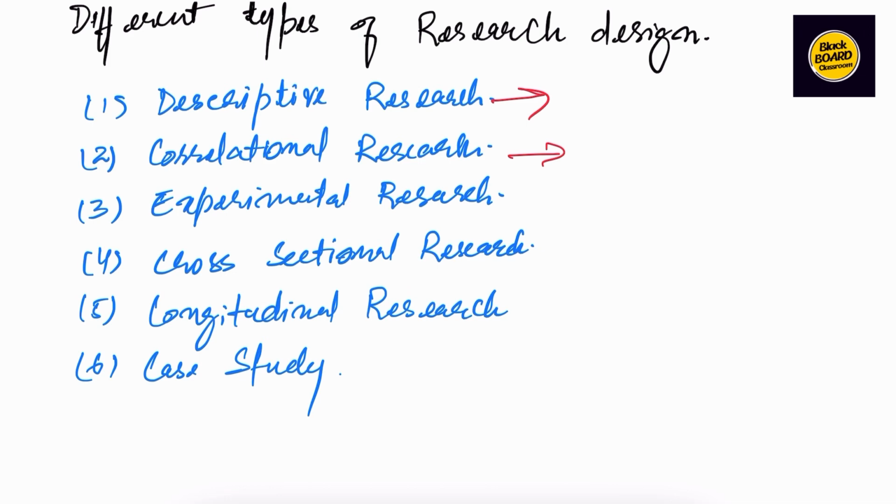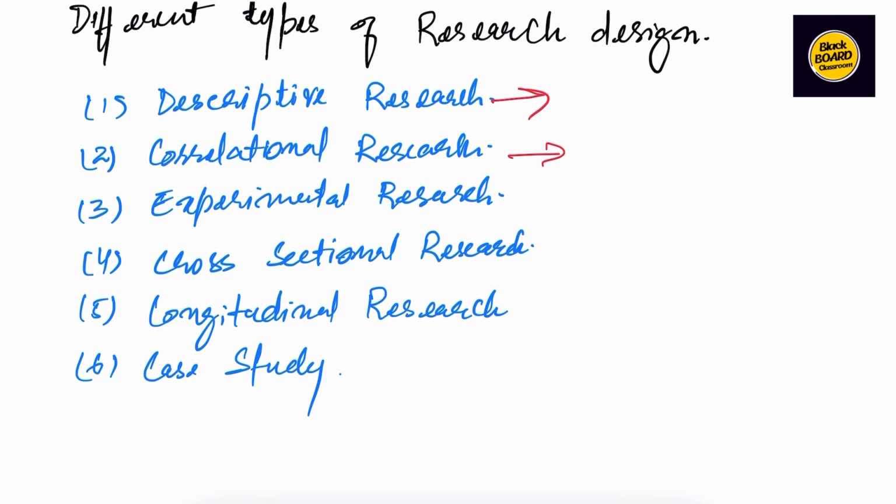Experimental research involves manipulating one or more variables to observe the effect on another variable. See the difference between the previous research design types and this experimental type.